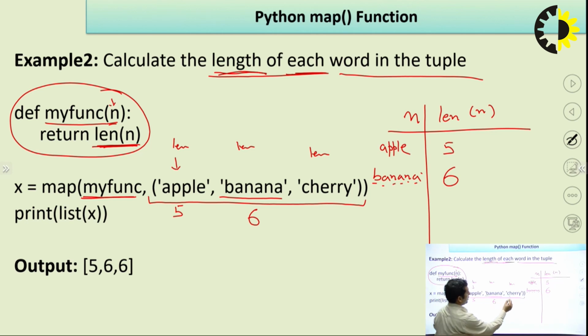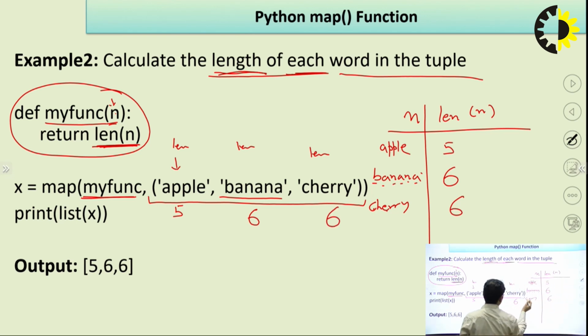Now pass the next parameter, that is cherry. Cherry as a parameter n. Now this will return the length of n. What is the length? 1, 2, 3, 4, 5, 6. This is 6. No further parameter in the list.